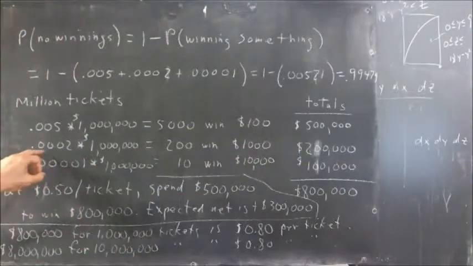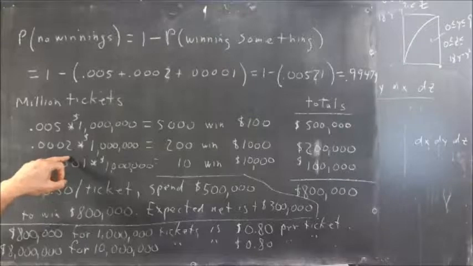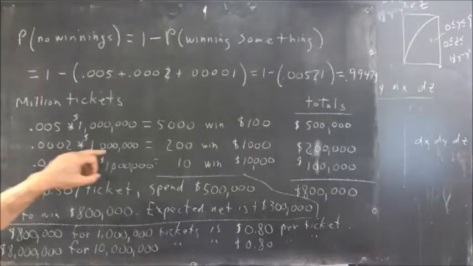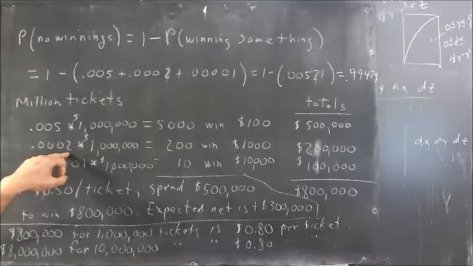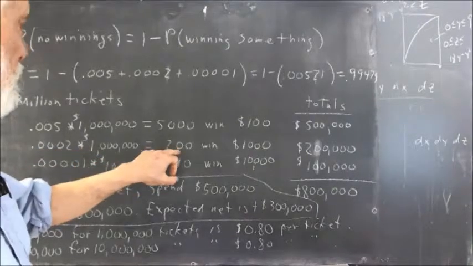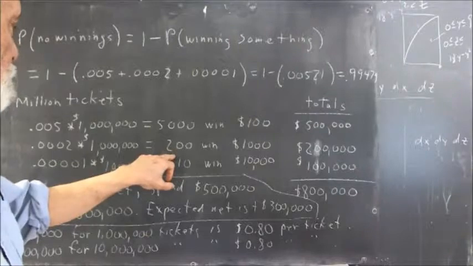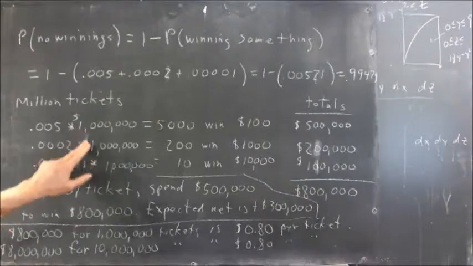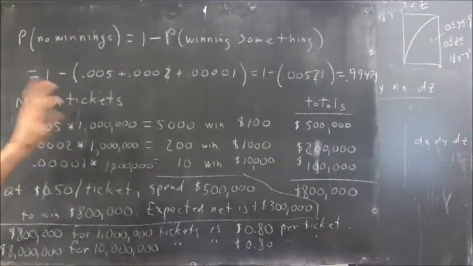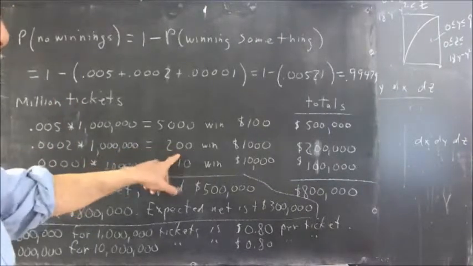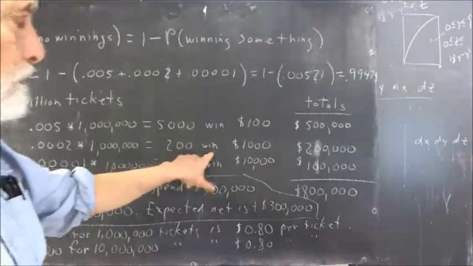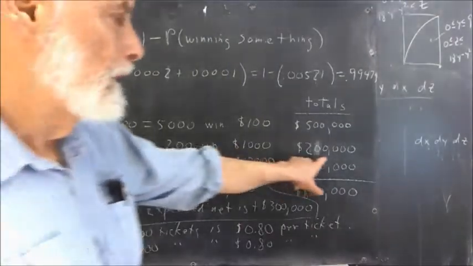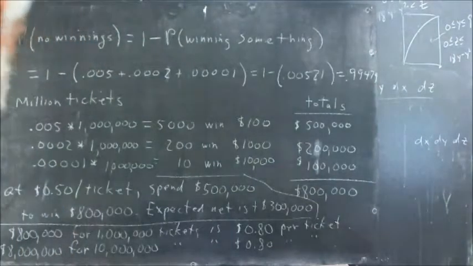Okay, now you have this probability, .0002, of winning $1,000. And .0002 times 1,000,000 is 200. Excuse the distraction, I've got dollar signs here on the million, and there is no dollar sign on the million. 200 times you would win $1,000. Well, that'd be worth $200,000.